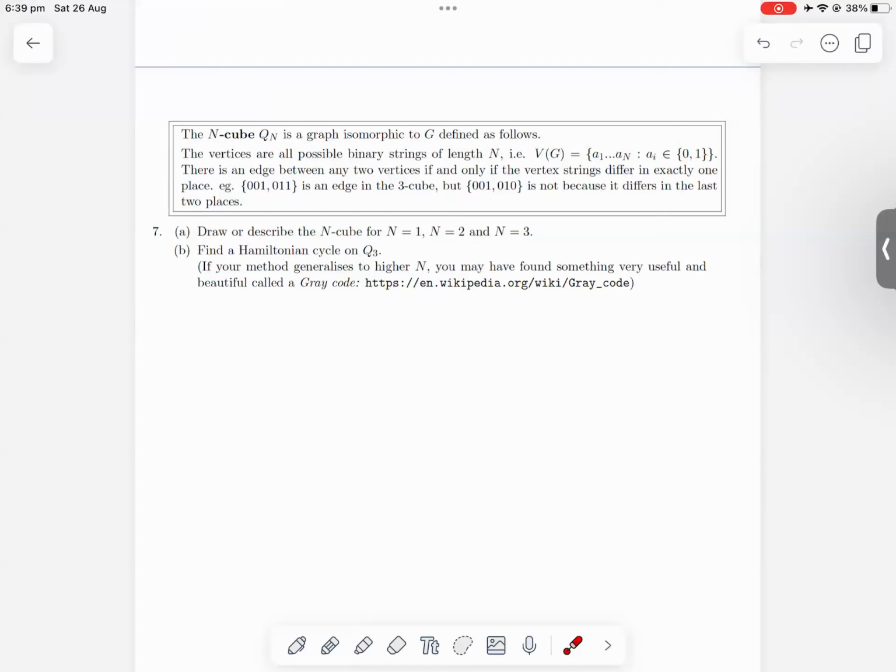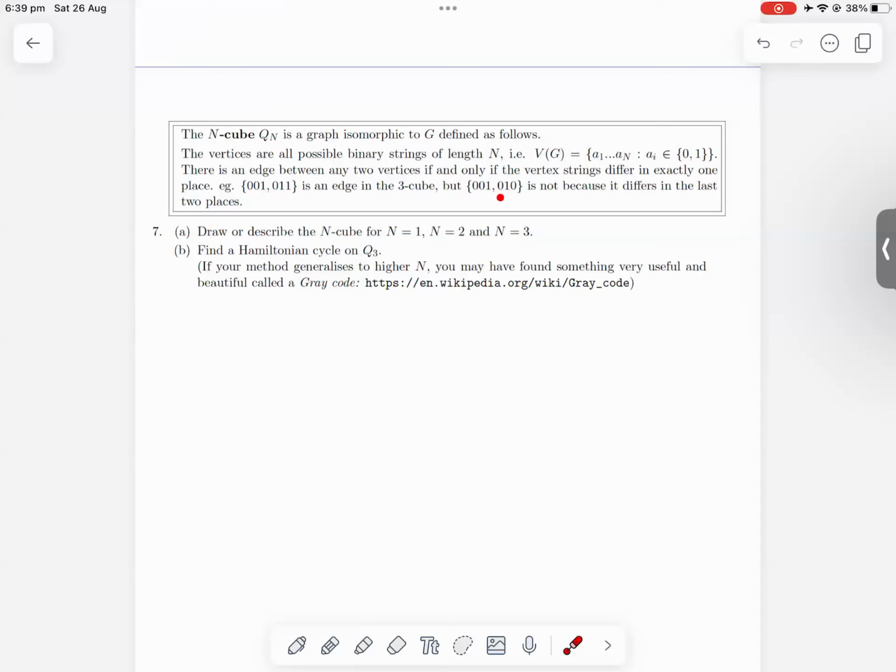There is an edge between any two vertices if and only if the vertex strings differ in exactly one position, one place. For example, this is the same as the one you have seen in your assignment. Only one position differs here, so between this first string and this vertex there is an edge.